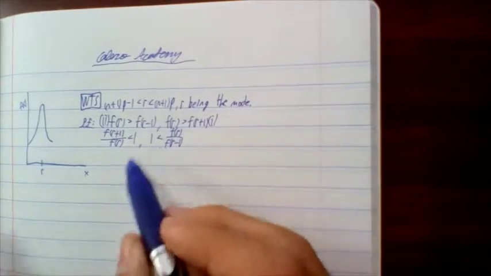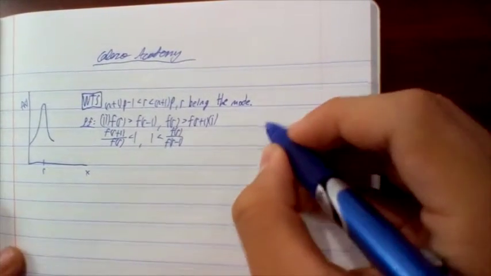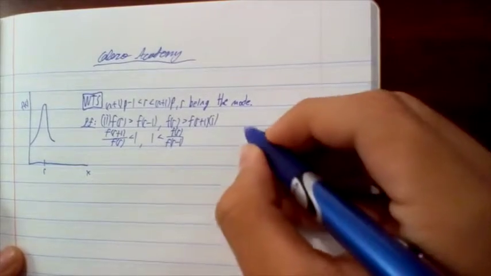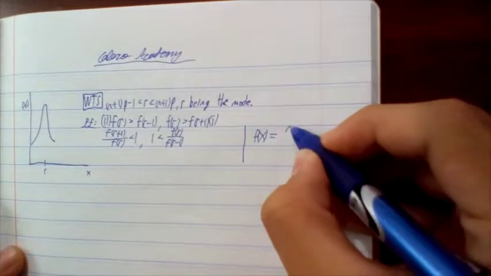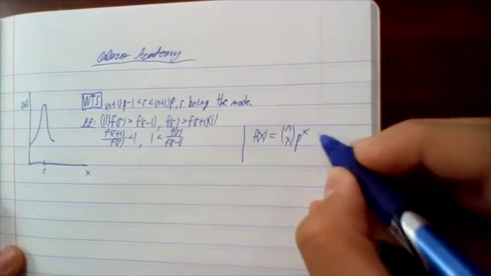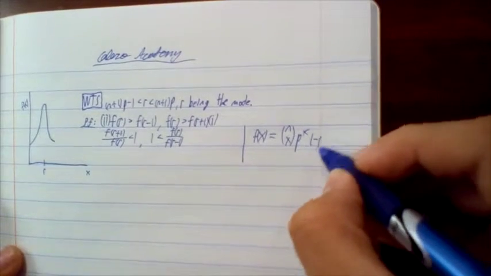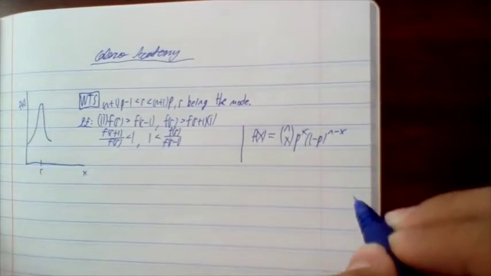If we remember the PDF of the binomial distribution, f of x is equal to n choose x times p to the power of x times (1 minus p) to the power of n minus x.